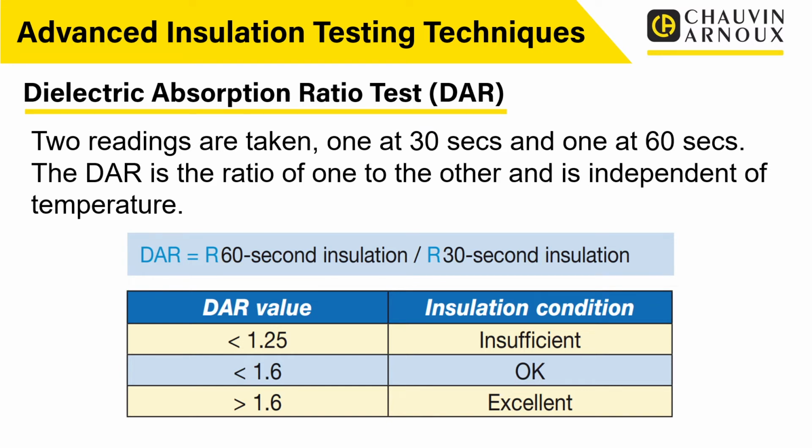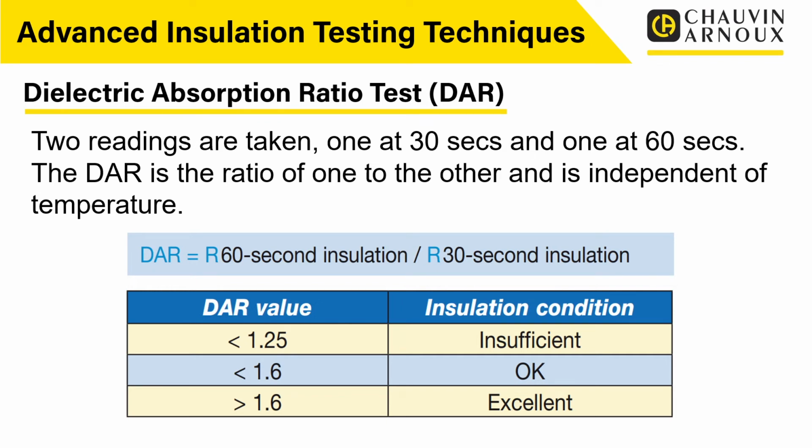So this is just a simple ratio test, 30 seconds versus 60 seconds. And we just look at those values, and based on the number that we get, we divide one by the other. And then we can use this to actually determine whether that insulation is, as far as we can tell, in good condition. Now, with the dielectric absorption ratio test, the DAR test, remember this is taking values at 30 seconds and 60 seconds. That may not be long enough for some insulation.